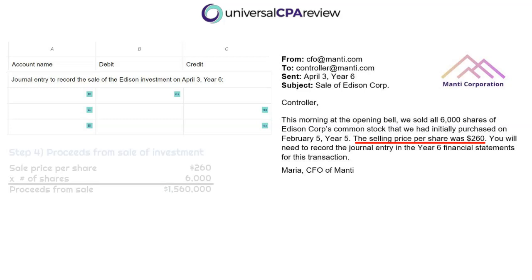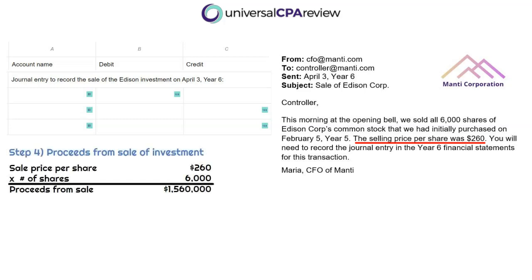Well, that's what we're going to calculate. So in step 4, right, we can see the proceeds from the sale of the investment. Well, sale price per share was $260 multiplied by 6,000 shares. That means they received cash of $1,560,000.